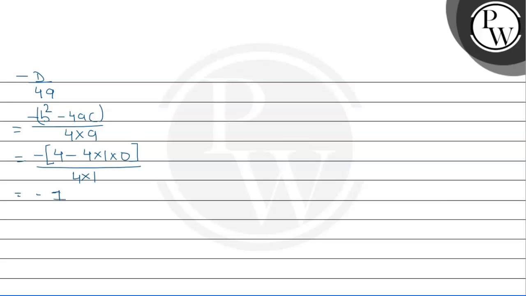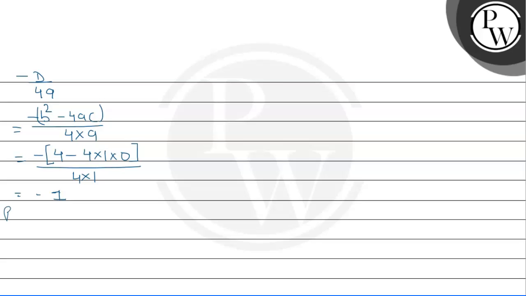Okay, so minus d upon 4a. If we put the values, this will be minus (b square minus 4ac) upon 4 into a. So minus b square means 2 square, this will be 4 minus 4 into a into 0, upon 4 into 1. So this value will be minus 1.